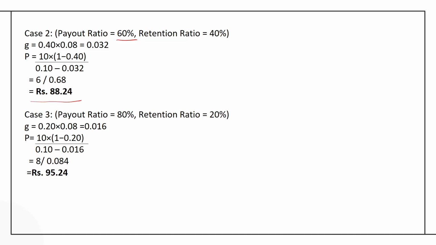88.24. This is because the dividend payment has given some amount of capital in the hands of the shareholder, retaining lesser profit, where the company was not able to utilize this fund in an appropriate manner to improve profitability. So, it is better to give away the dividend, and this has been further proven by case number 3, where the payout ratio is increased to 80% and the value has further increased to 95.24.